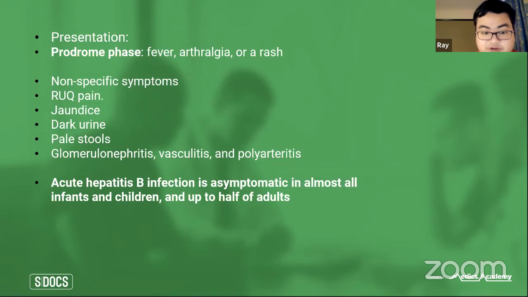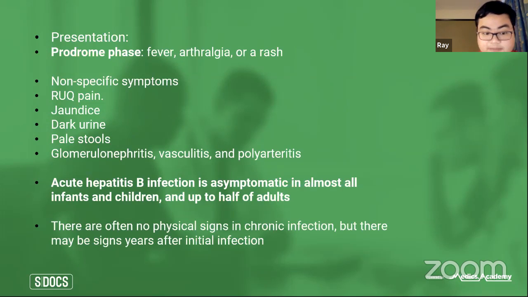I think this is a very important point to finish off this webinar, which is acute hepatitis B infection is asymptomatic in almost all infants and children, and up to half of adults. So it could be a very insidious presentation. You just need to be aware of, okay? And in a chronic infection, there are often no physical signs, but there may be signs years later after the initial infection.